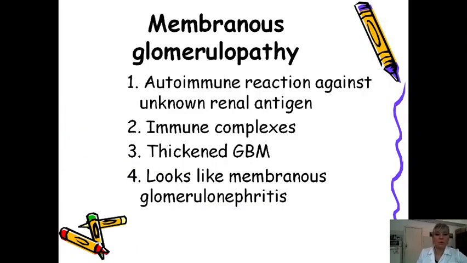And the last disease of nephrotic syndrome is membranous glomerulopathy. This disease looks like membranous glomerular nephritis, as the inflammation, but without inflammation. We see autoimmune reaction against unknown renal antigen, immune complexes appearance, thickened basal membrane in the glomeruli, and I told you that this disease looks like the membranous glomerulonephritis.